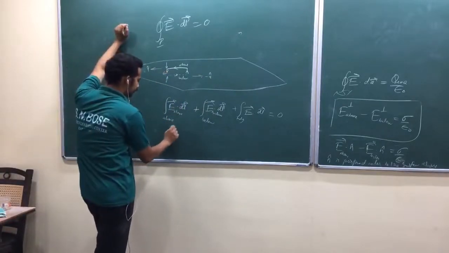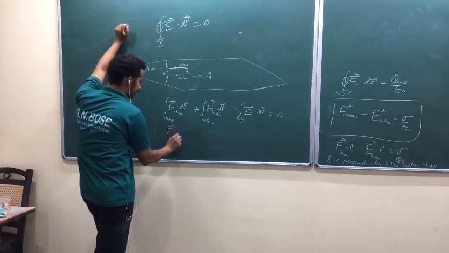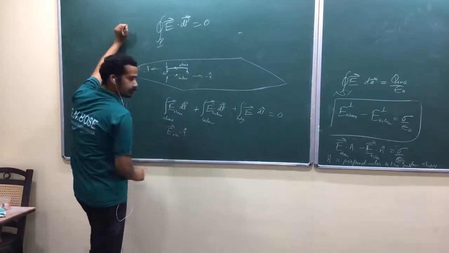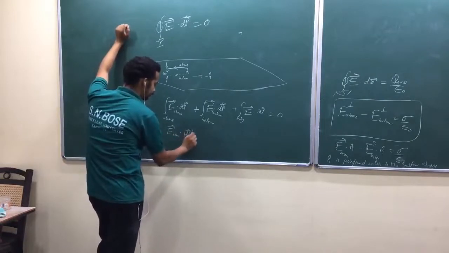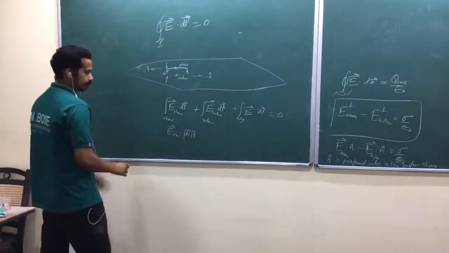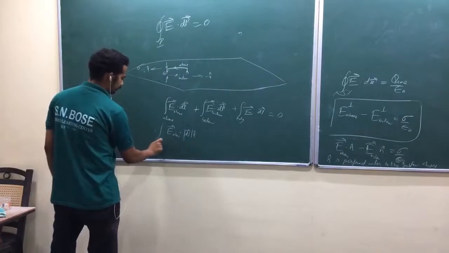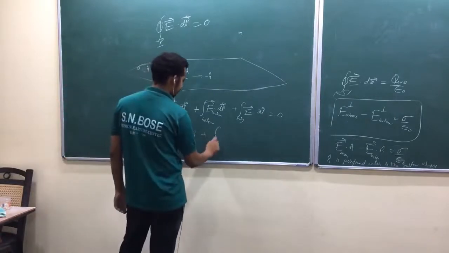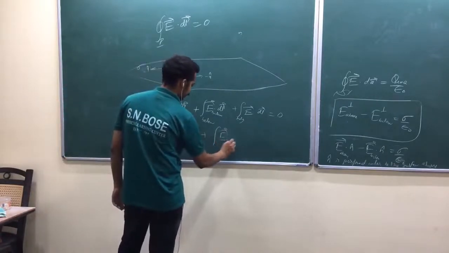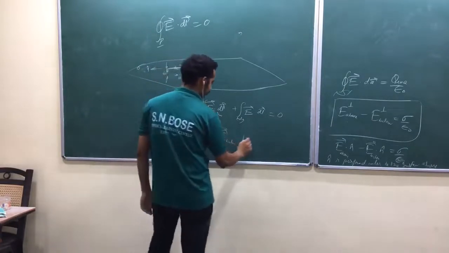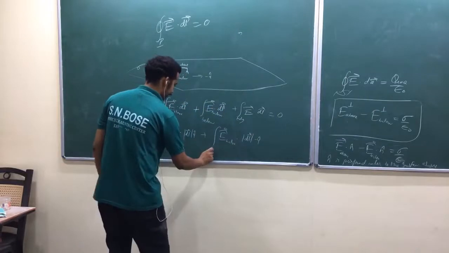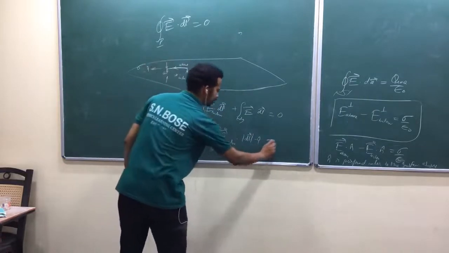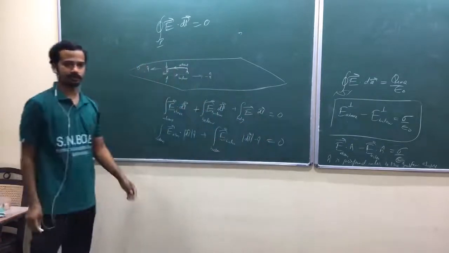Now look here: E above dot mod dl into y cap, above, plus E below dot mod dl into minus y cap is equal to 0. I am not taking care of this one.